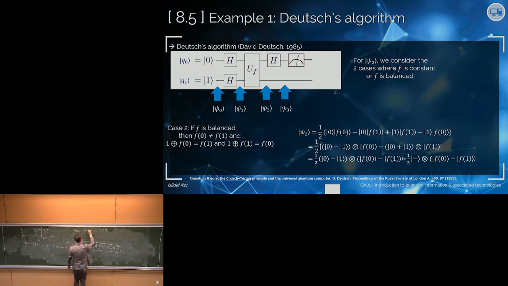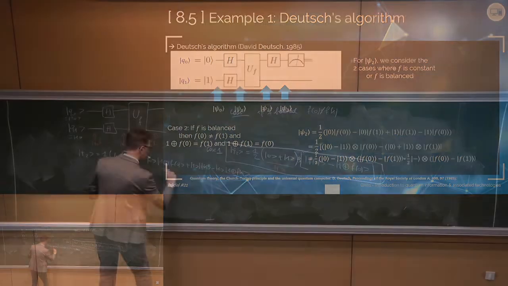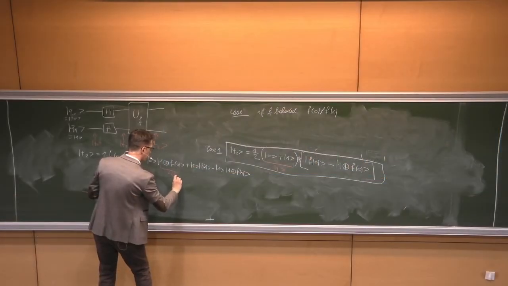So if f is balanced, in this case we said that F0 has to be different than F1. But what does that mean? If F0 is different than F1, that means that when I have F0 here, then this operation, 1 plus F0, has to give me F1. So this has to be F1.